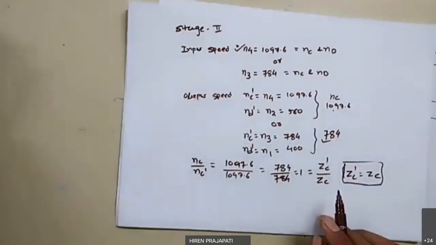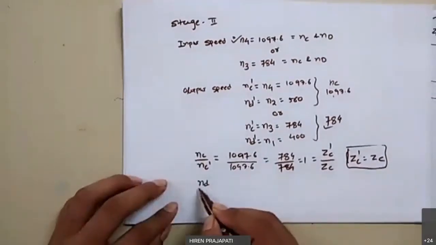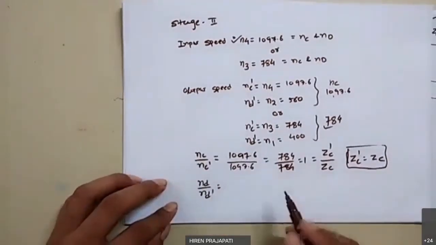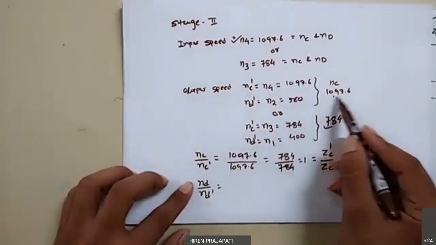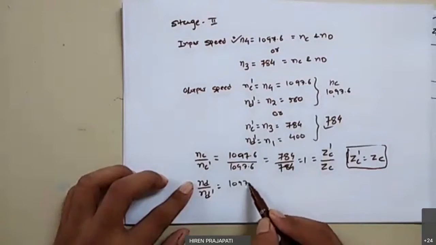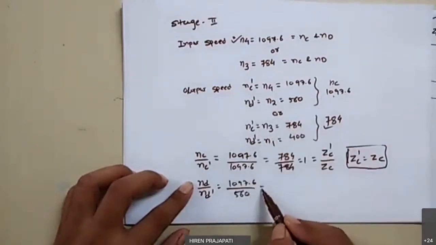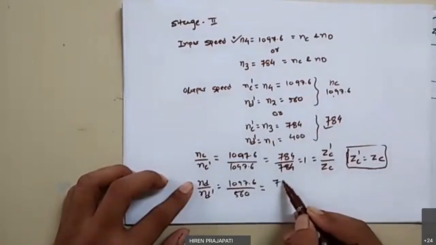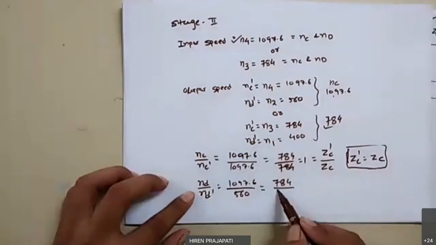Now we do the same for the second gear ratio. Let me call this ND by ND dash. If you take this as ND, then 1097.6 divided by ND dash, which would be 560. Or if you take 784 as ND, then ND dash will be 400, right?